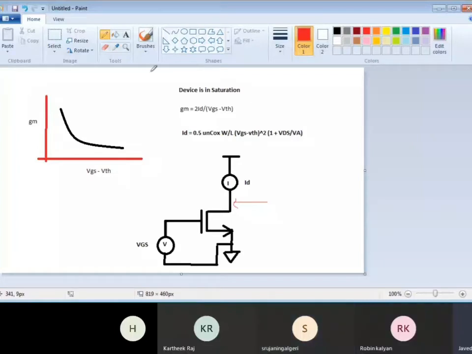Are you sure? So an ideal current source doesn't have a drop? It will. Will it have a drop or no?